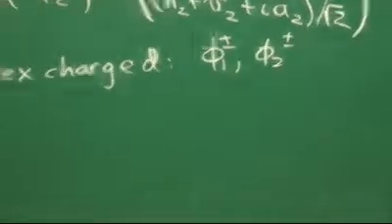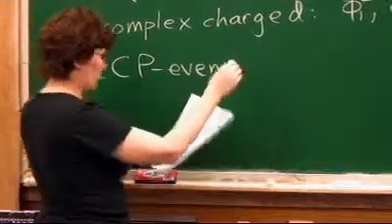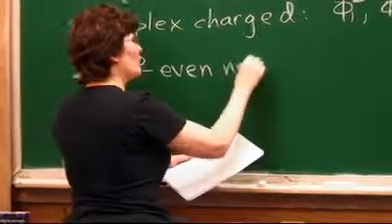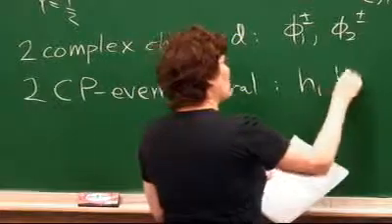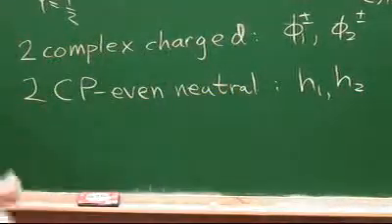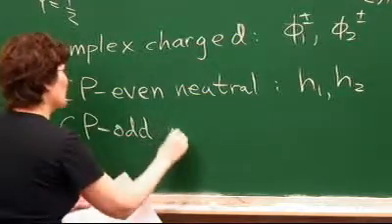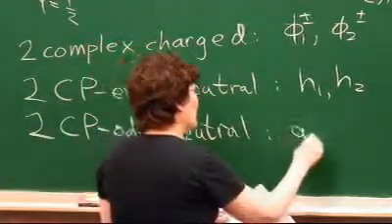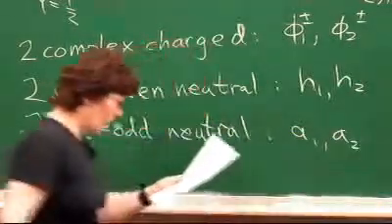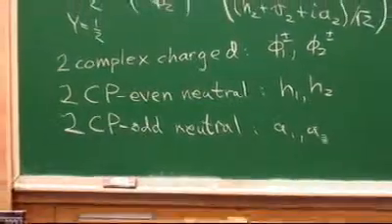We've got two CP even real neutral scalars, H1 and H2, the way I wrote it here. And we have two CP odd neutral degrees of freedom, A1 and A2. And we still have to identify the Goldstone bosons.